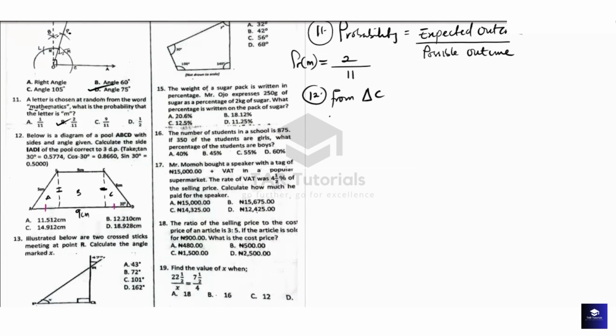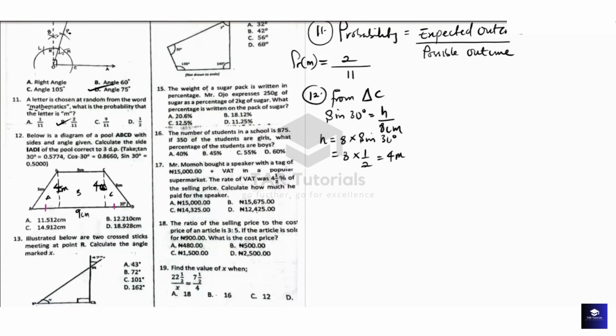We are looking for the opposite. So we have sine 30 degrees is equal to opposite, let's call it H, over hypotenuse, which is 8 centimeters. And when you cross multiply, H is equal to 8 times sine 30 degrees. And we're given that sine 30 is 0.5, which is 1 over 2. That means H is 4 centimeters. This place is 4 centimeters, and likewise, here is also 4 centimeters.